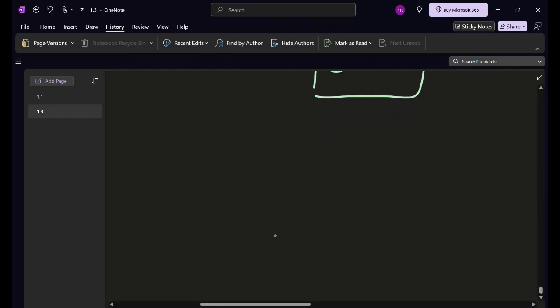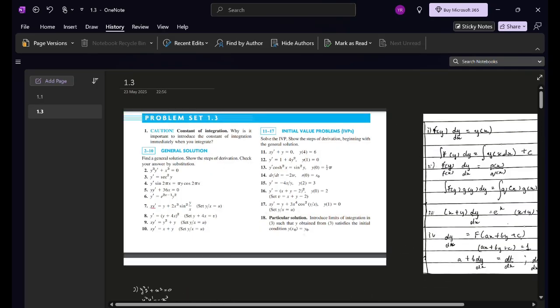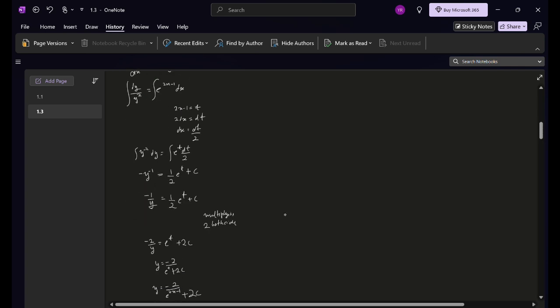Let's just do one last question, which is the 17th question. 17 questions as we had solved before, like the 7th question, where we are required to put y by x is equal to u in order to solve this question.